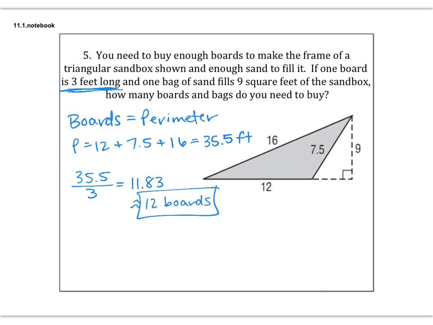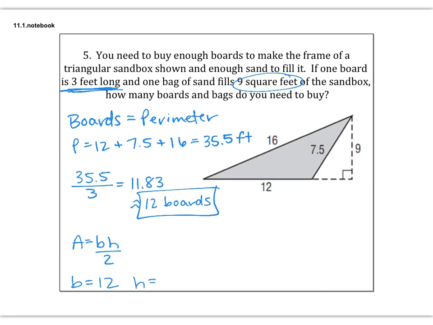Now we're going to fill this thing. We're going to fill it with sand. And it says each bag of sand will fill 9 square feet of the box. And so I think when I see square feet, we're going to be talking about area. So the area for a triangle is base times height divided by 2. What is the base of our shaded triangle? If you said 12, you are correct.